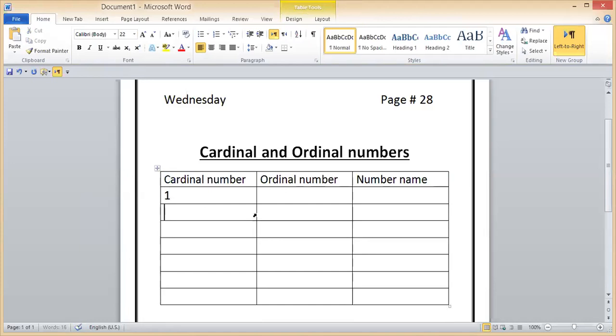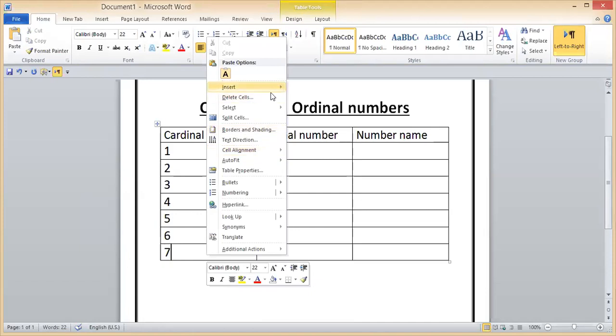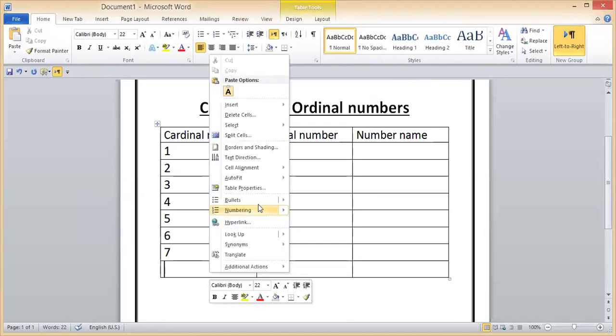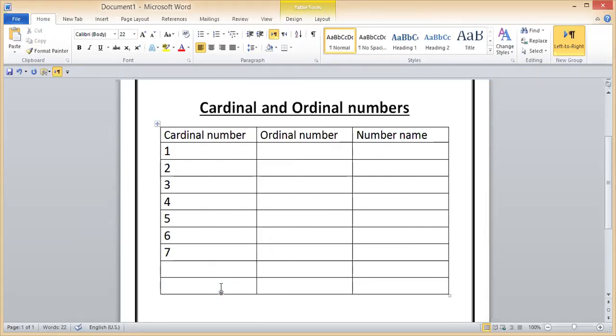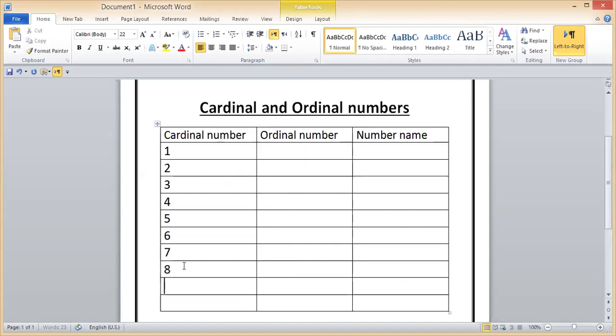So cardinal numbers are 1, 2, 3, 4, 5, 6, 7, 8, 9, and 10. Start writing, guys.